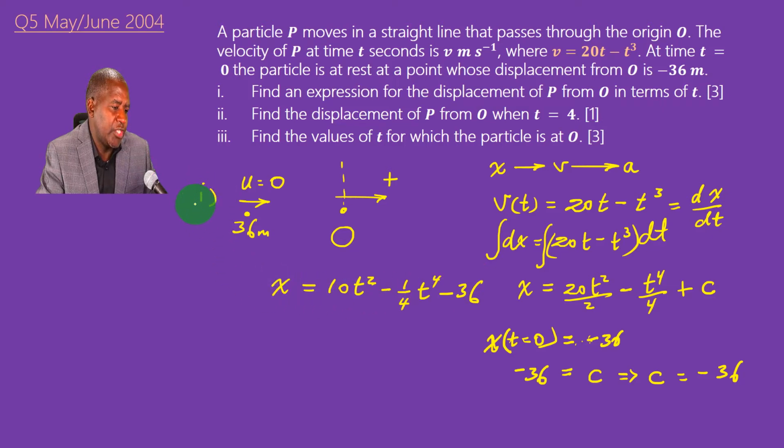That is the first part. That's how we do that. Second part, find the displacement of P from O when t is equal to 4. That one is very easy.